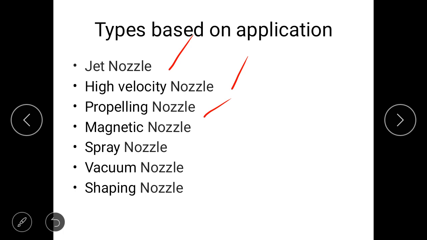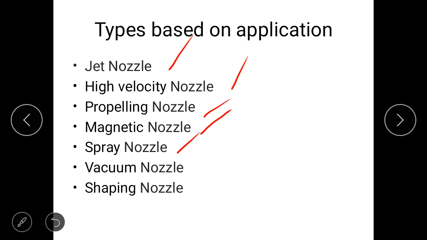The fourth one is the magnetic nozzle. The magnetic nozzle is very important. It is used in glass industries for absorbing. It is not to propel. It is to absorb the iron particles that are mixed in a homogeneous mixture of glass.